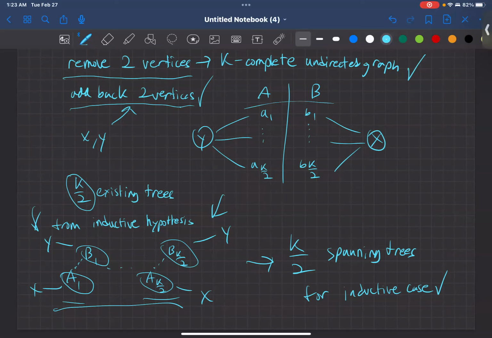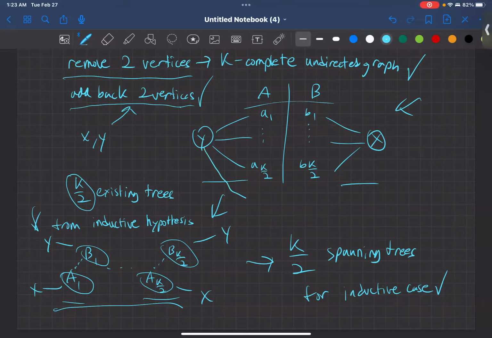So now the only step we have left is to make this a tree, because right now we have two different groups and we want to connect them together to actually produce a connected tree.